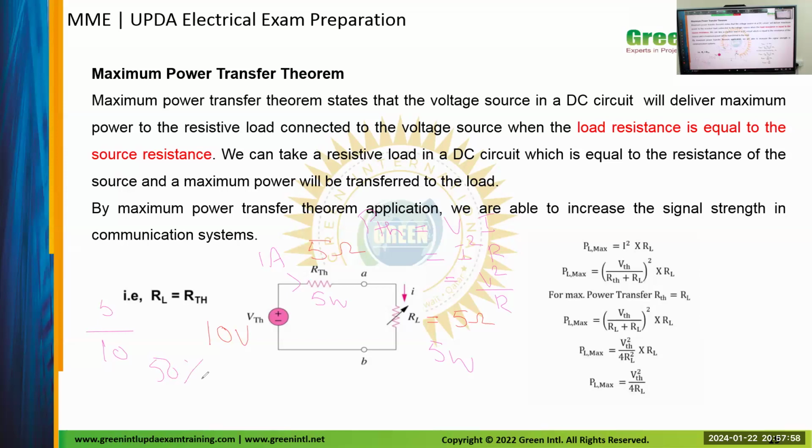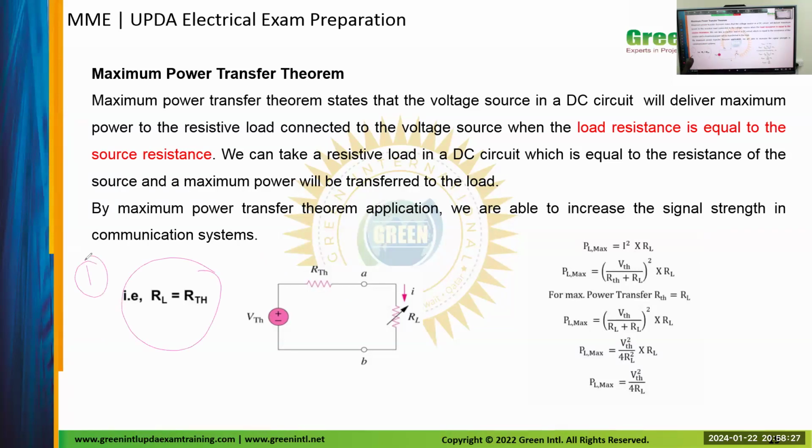So from this, what we understand is that in a circuit obeying the maximum power transfer theorem, the load resistance consumes 50% of the power at the maximum. That question was asked in the exam. So number 1, we need to remember this point.